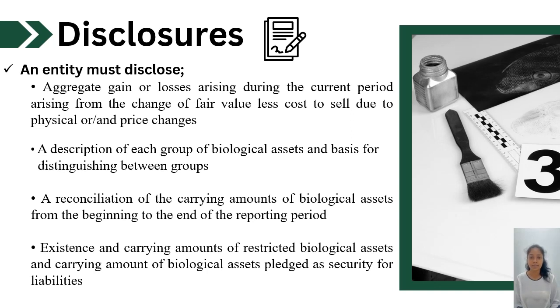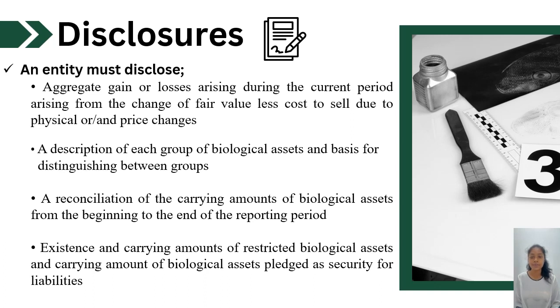The second one that should be disclosed is a description of each group of biological assets and the basis for such distinguishment of biological assets into groups.